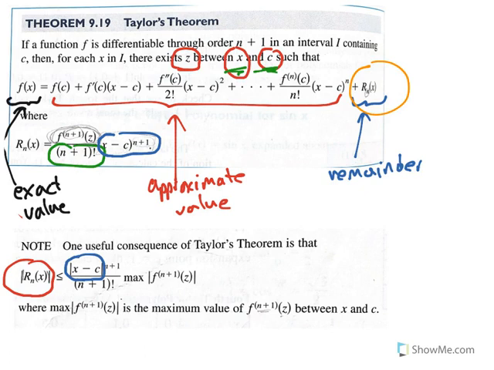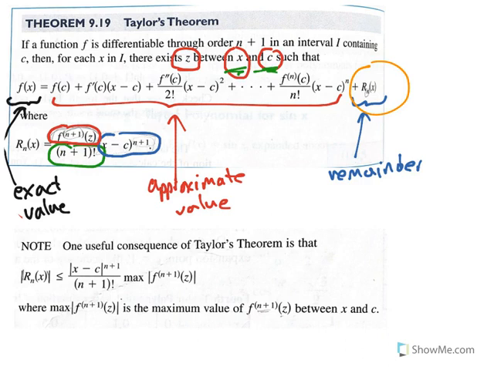And then also, the n plus 1th derivative of f evaluated at z could be positive or negative in the remainder. So if we put absolute value on the remainder to have the error, we want to make sure that's going to be a positive quantity. So we put absolute value here. So that's how we go from the remainder to the error.